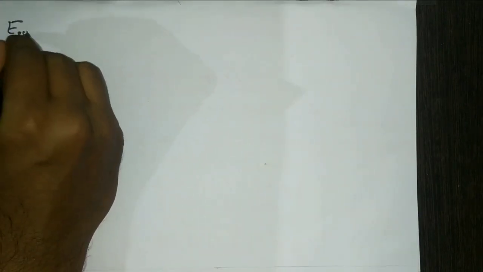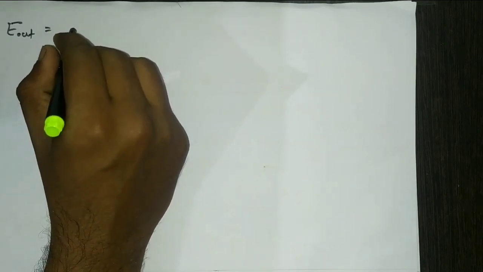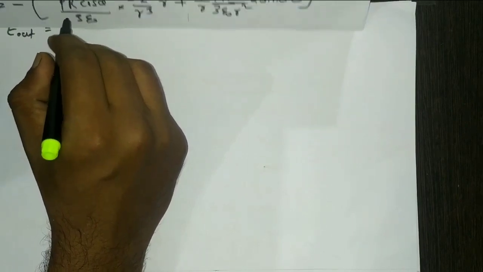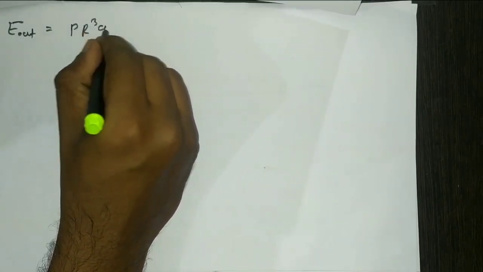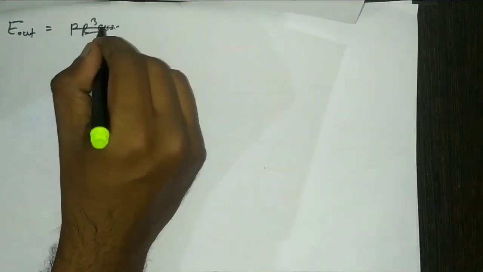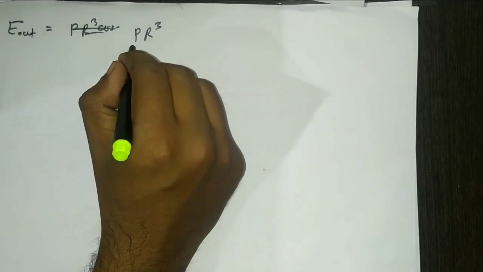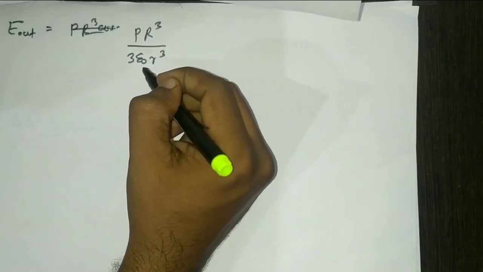That is, E out can be written as, if I take it outside, the minus sign will cancel. This is P R cube divided by 3 epsilon 0 R cube.